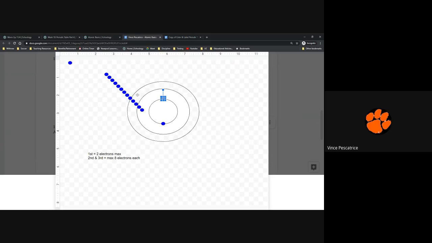So I still have 14 left. I've only placed 2. So out of the 16, I've put 2. So then I do 8 more in this next one. Because remember, even though I have 14 left, I can only fit 8 in this ring.